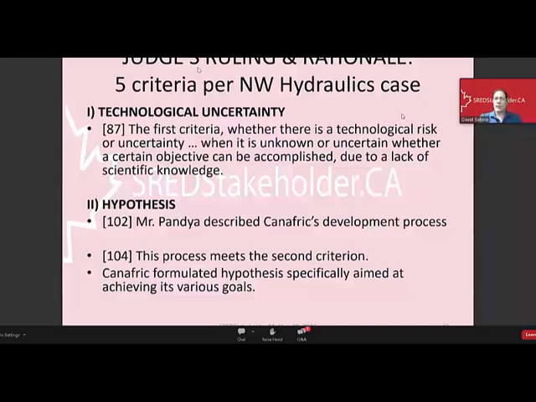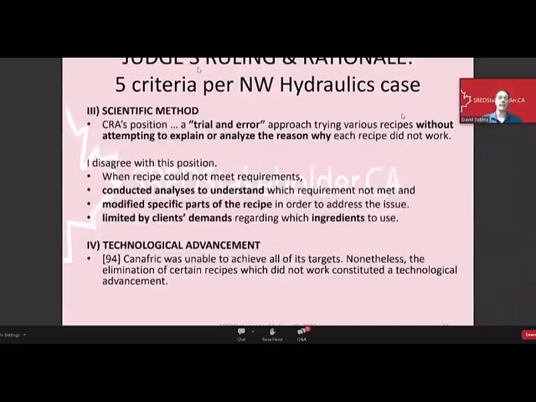The first is whether there's a technological uncertainty, and in this case, the judge felt there was risk. Then there's whether a hypothesis was created. The judge said that the development process we outlined for all of the projects, in the judge's view, entailed the development of a hypothesis, so he felt that base was covered.